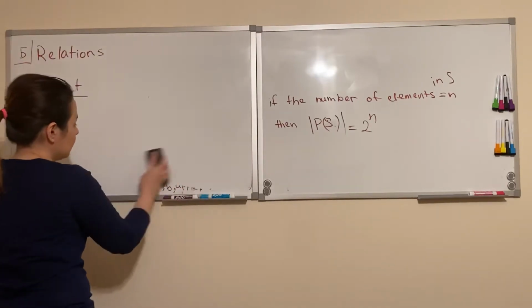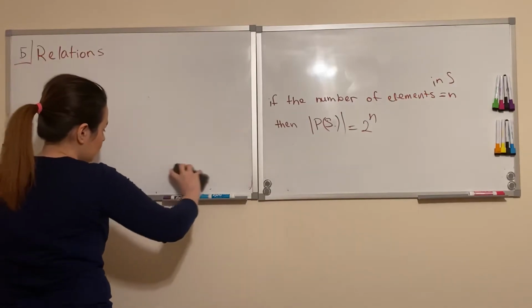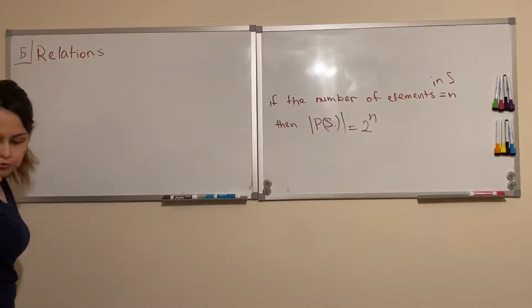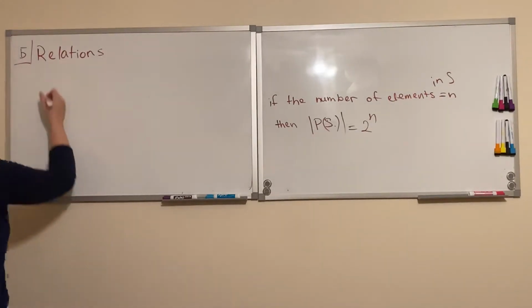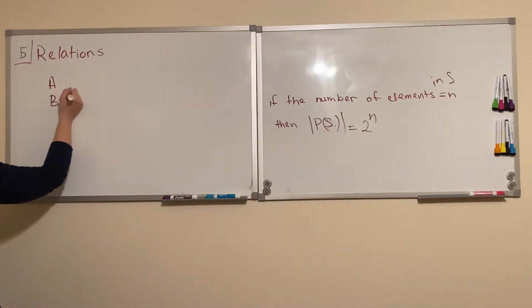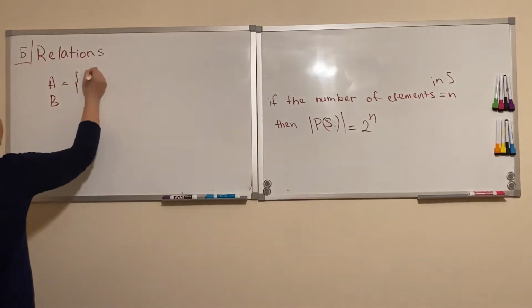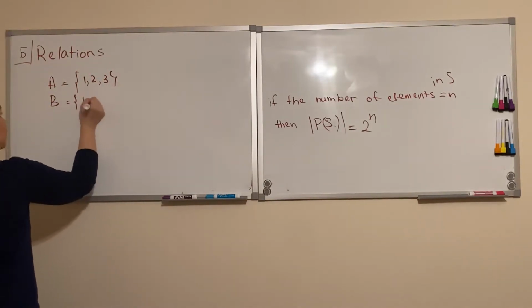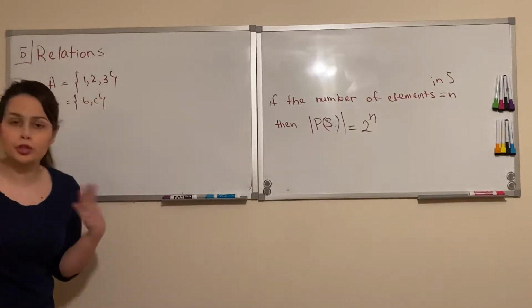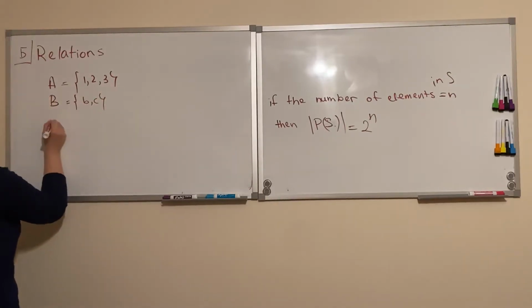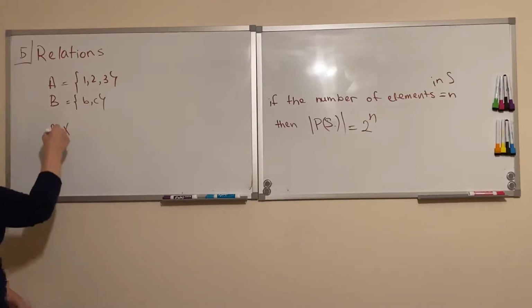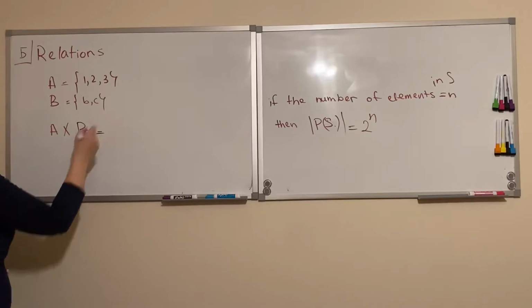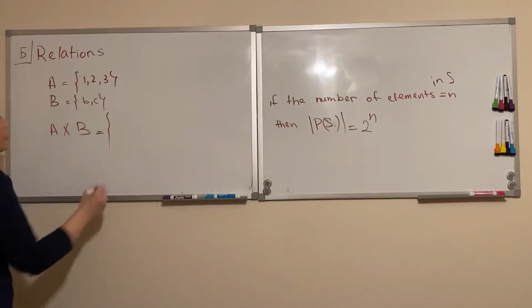Cartesian product is defined when we have 2 sets, A and B, for example A with 1, 2, 3, and B contains, for example, B and C. The Cartesian product of these 2 sets, A Cartesian product B, is the set of pairs.